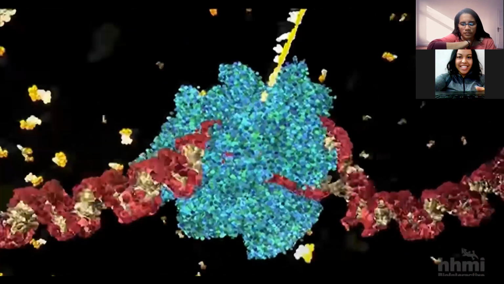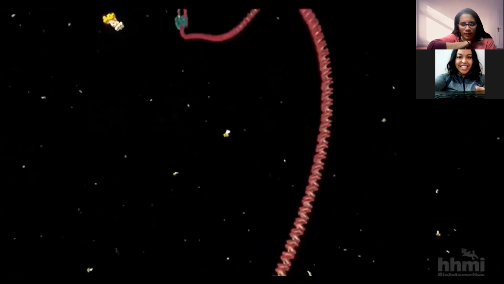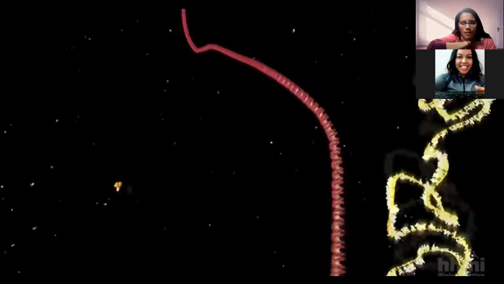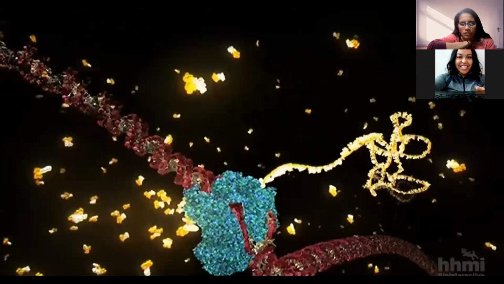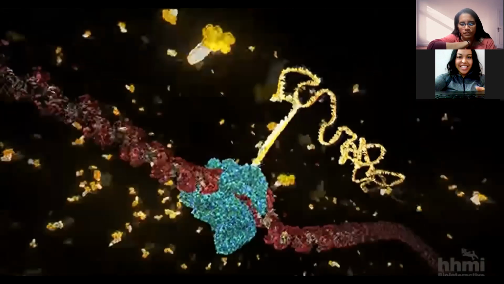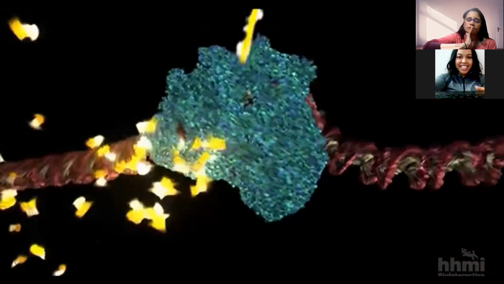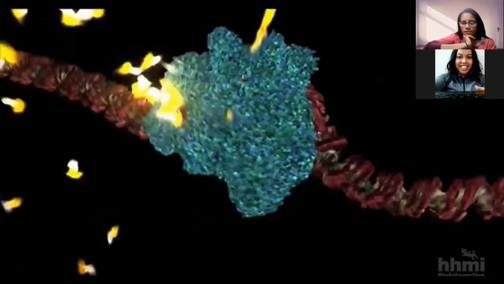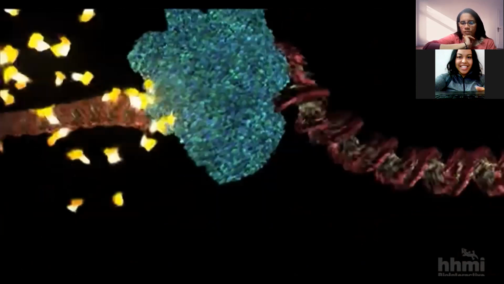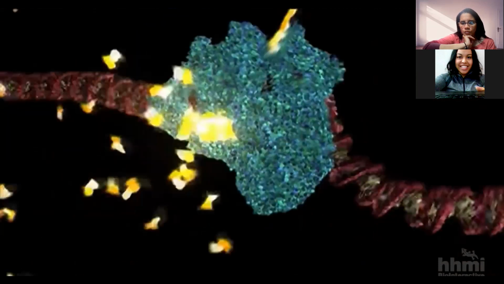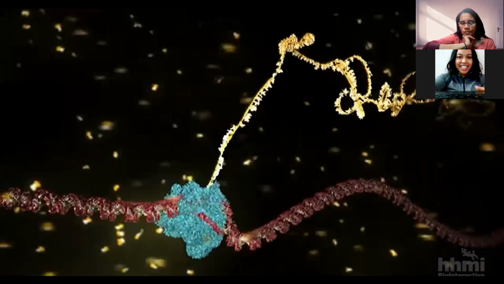Only one of the strands is copied. It acts as a template for the synthesis of an RNA molecule, which is assembled one subunit at a time by matching the DNA letter code on the template strand. The subunits can be seen here entering the enzyme through its intake hole, and they are joined together to form the long messenger RNA chain snaking out of the top.